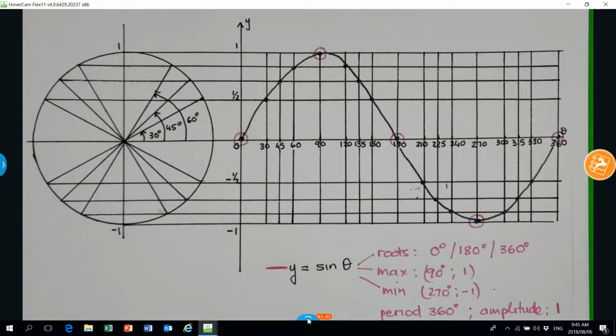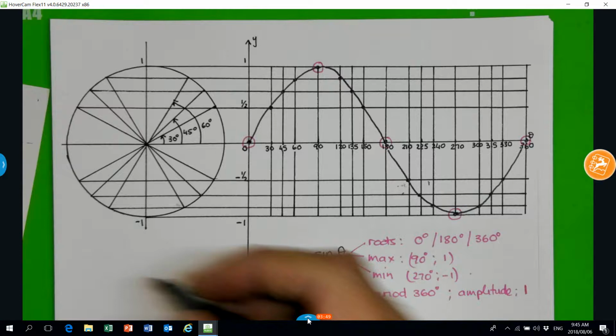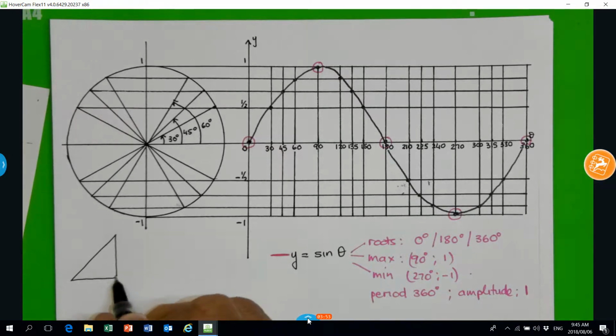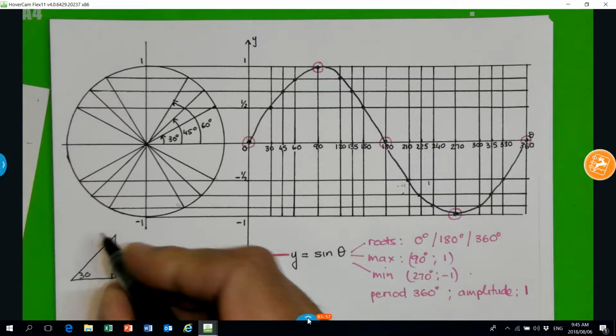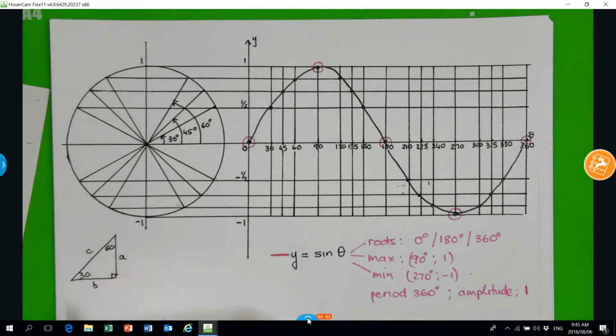Now, what you learned in grade 11 when we looked at triangles is that if I look at any right-angled triangle, and I'm going to say this here is 90, that is 30 degrees, and that is 60. And let's just label this A, B, and C for now.